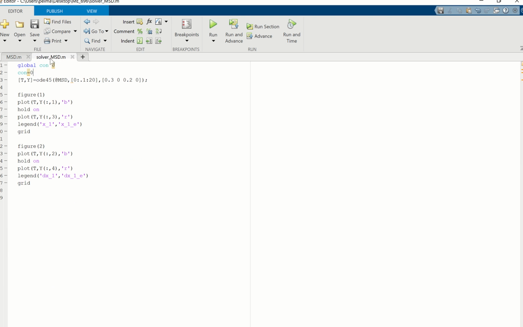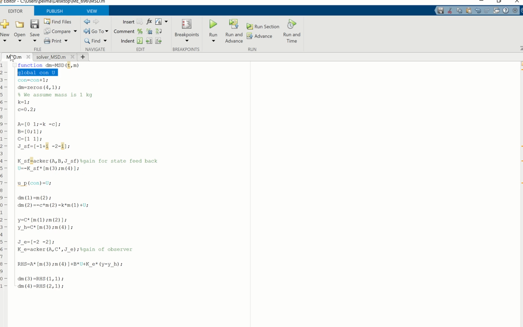And now you can plot the state feedback control law that you designed based on the observer. Figure 3, and let me just, here we go. T and U. Hopefully I didn't make a mistake.